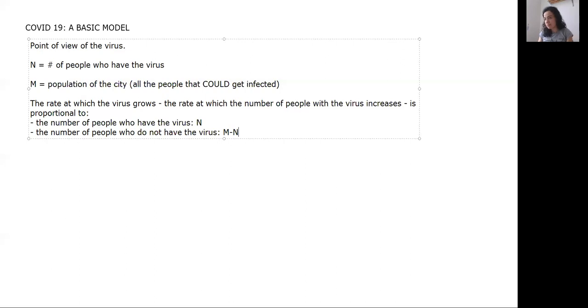And so that means that if I want to model the rate at which people are being infected by the virus, the rate of change of the number of people who have the virus is going to be proportional to the number of people that have the virus and the number of people that don't have the virus.